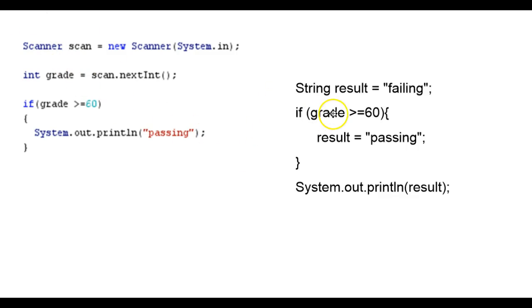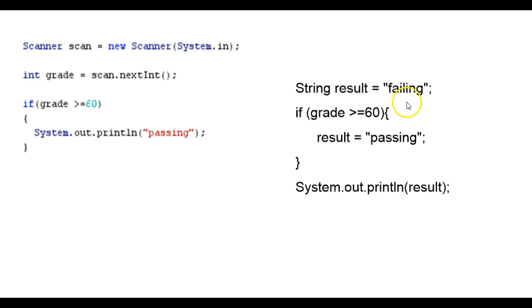One solution would be to start by saying string result equals failing. And if the grade is greater than or equal to 60, change the value of result to passing. Otherwise, leave result alone.